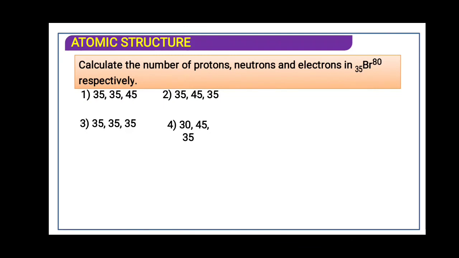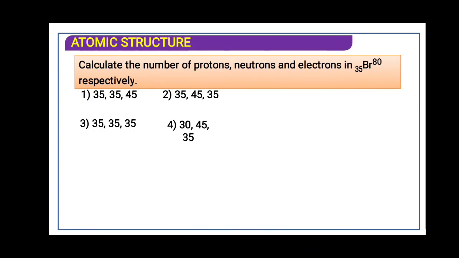Now they have asked for the number of neutrons and the number of electrons. The number of protons is equal to the number of electrons, so at the 3rd position we require only 35. Options 2 and 3 have 35 at the end. Our answer cannot be option 1, because there are 45 electrons.